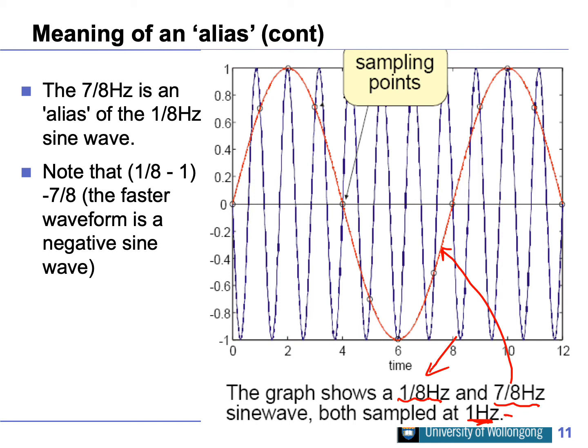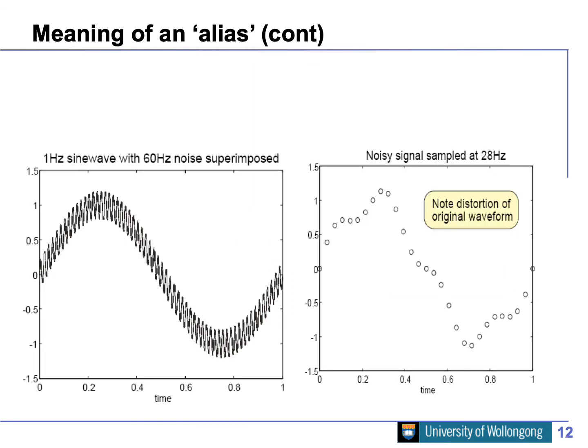To sample both of these, we need to set the bandwidth as the highest frequency, and have a sampling frequency at least twice of this. But here, this 1 Hertz is only a little bit larger than the bandwidth, so we're expecting some alias. If you look at the signal here, on these sample points you cannot really tell whether our original signal is 1/8 Hertz or 7/8 Hertz, because both of them show up.